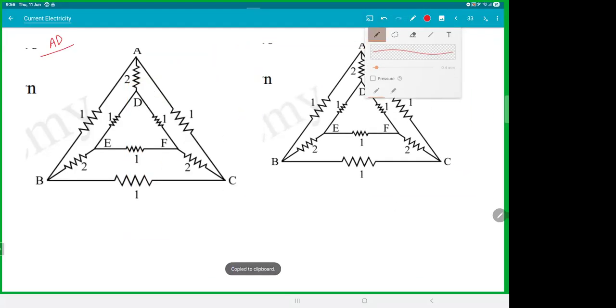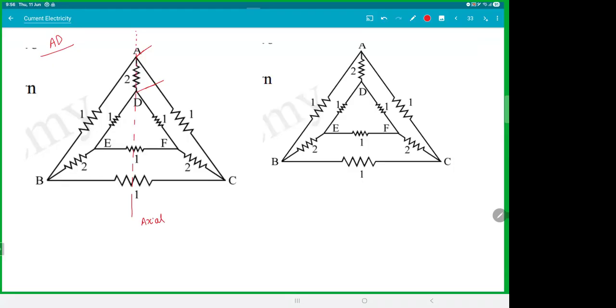Look at this. So you're talking between A and D. If I drop a line here, this is an axial symmetry. Be careful, just because the line is vertical doesn't mean bisector. Is the line of symmetry passing through the terminals or dividing the terminals? It is passing through the terminals. This is an axial symmetry.